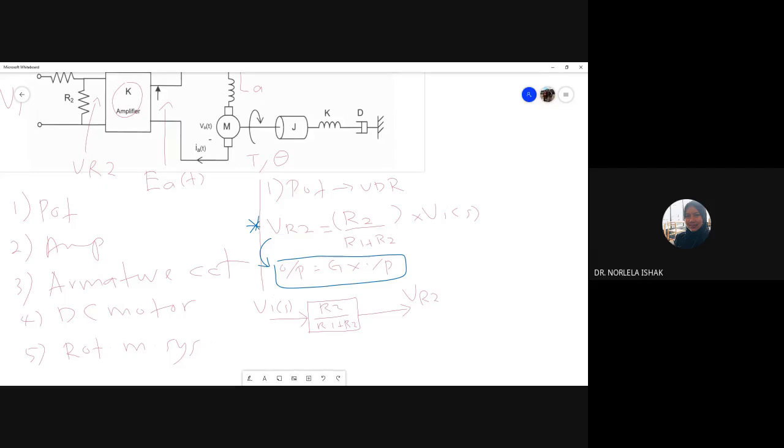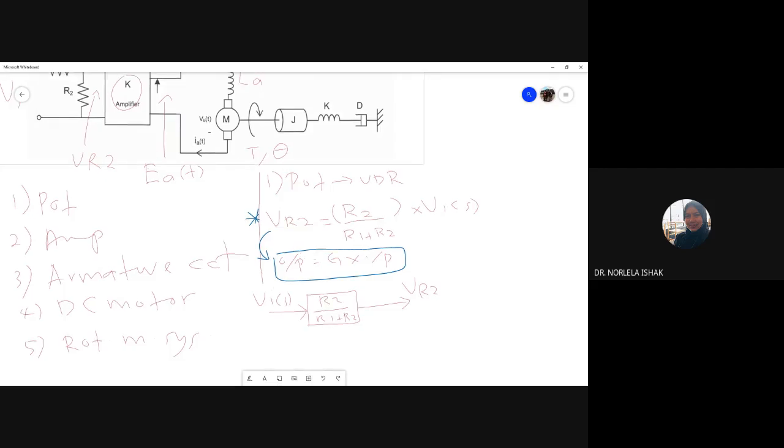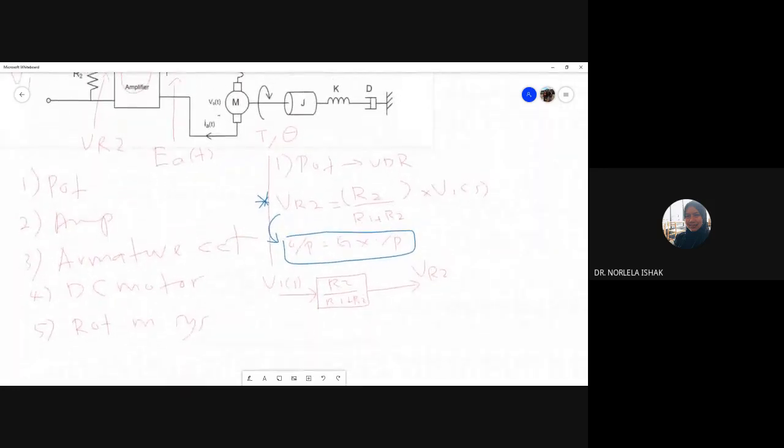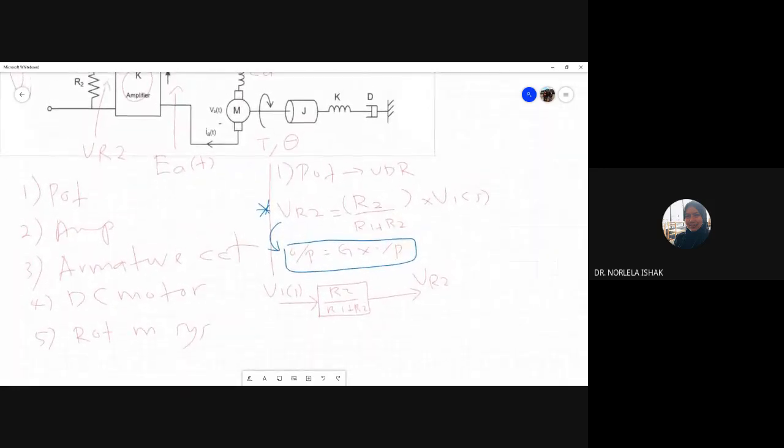Okay, and next we have to go through subsystem number 2, the amplifier. So for the amplifier, what's the input? VR2. What's the output? EA.